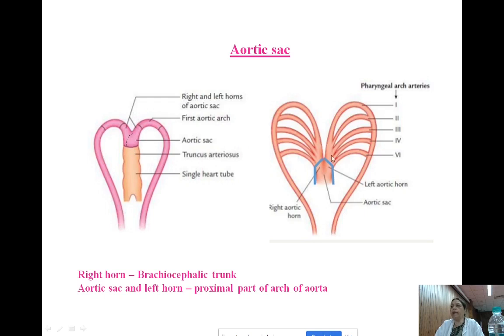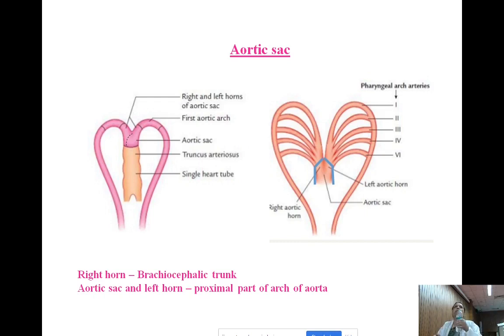Then other arches will appear. Now I have told you that the first aortic arch and the second aortic arch appear by about the 27th day and disappear by about the 29th day. So no such arteries are present, but they say that part of the maxillary artery may be contributed by the first arch artery, and there are two other arteries, the hyoid artery and the stapedial artery.